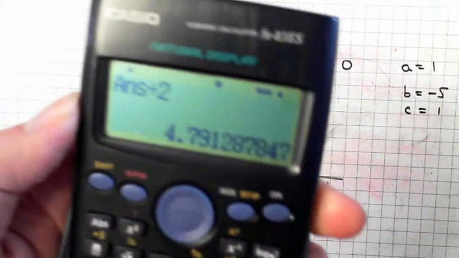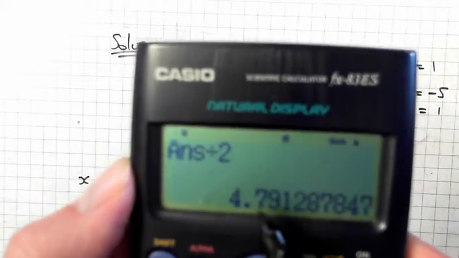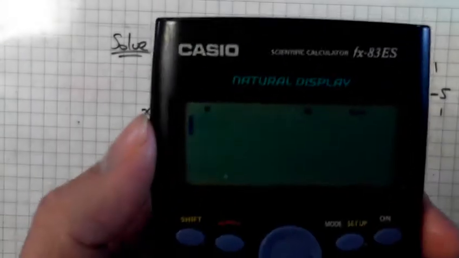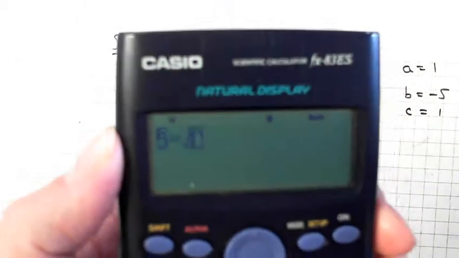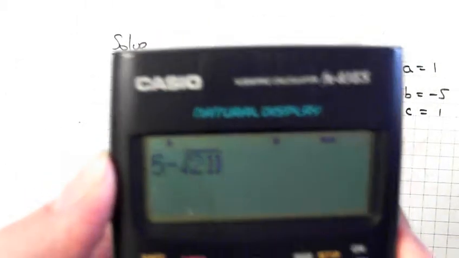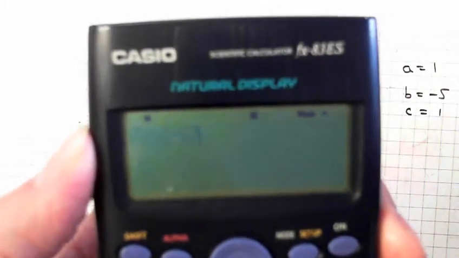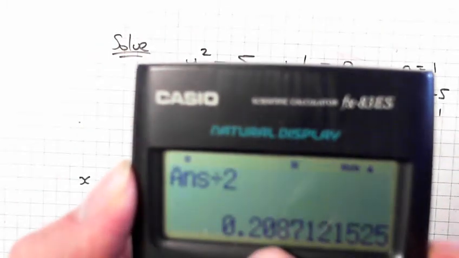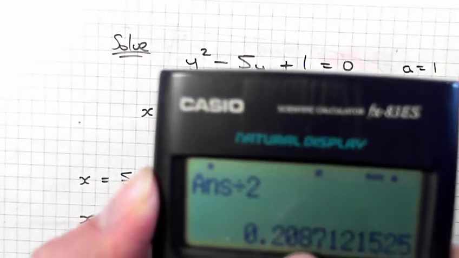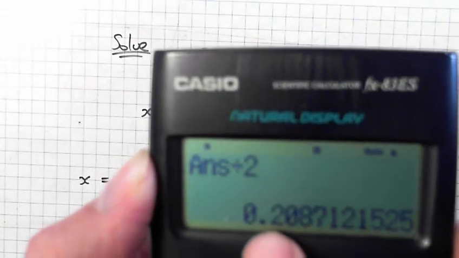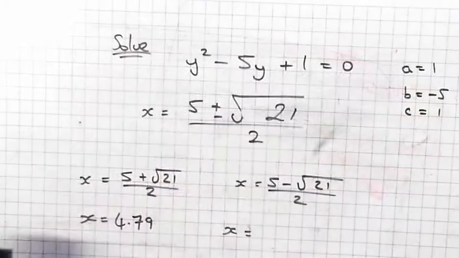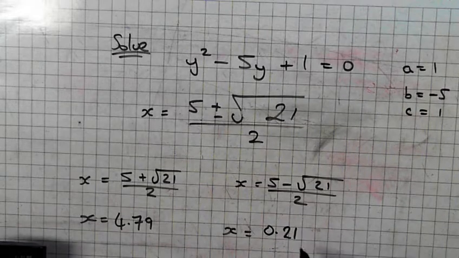Yeah, so to 2 decimal places, 4.79. And the second one: 5 minus the square root of 21, equals, divided by 2. So what's that? To 2 decimal places, 0.208, so 0.21.